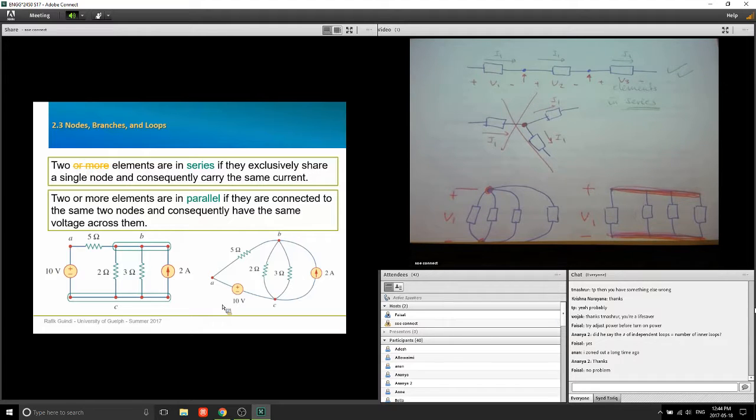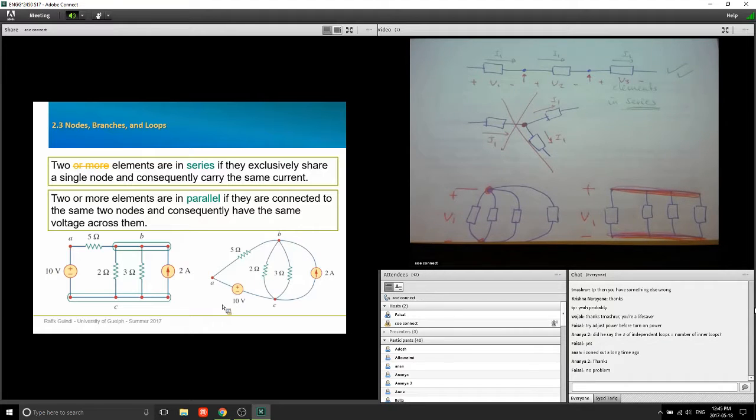Let's look at those circuits on the board here, on the graph. Can anybody find 2 elements in series? Yes. Which resistor?